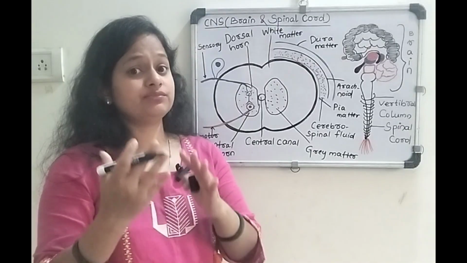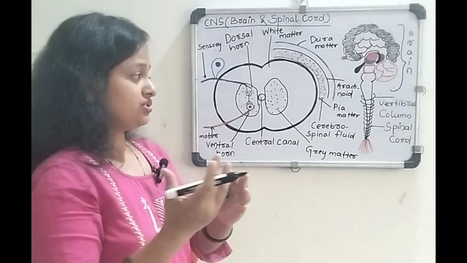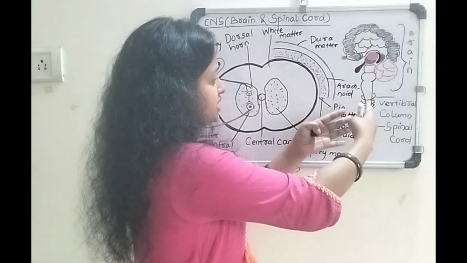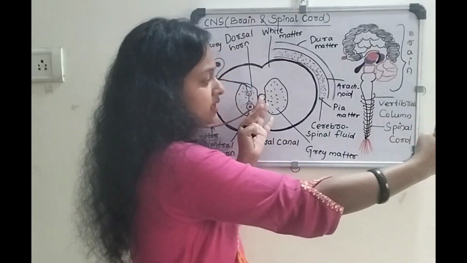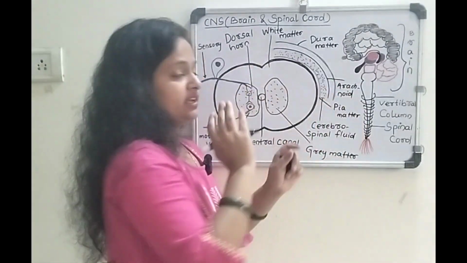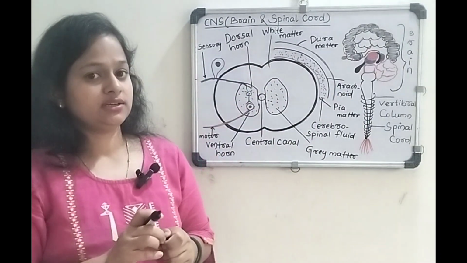As I have told you, the peripheral nervous system is the bunch of nerves that originate from the spinal cord, and the different motor nerves again join the spinal cord.